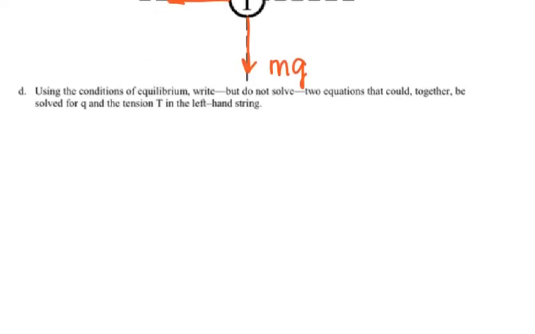So I'm going to rewrite my forces and then the equations. So I have the charge Q and the forces acting on the charge: tension, mg, and electric field force.